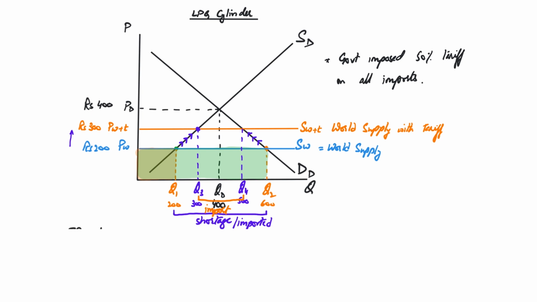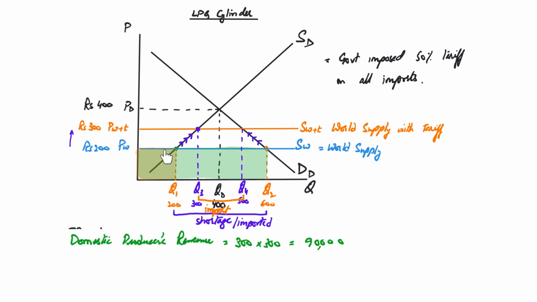Now as far as the numbers go, if we look at what is happening to the domestic producers' revenue, well fortunately, the domestic producers' revenue is now at the rate of 300, because tariffs are not applied on local products. So domestic producers will get the entire 300 bucks and they're going to supply about 300 units, so that's 90,000, up from our previous situation of 40,000.